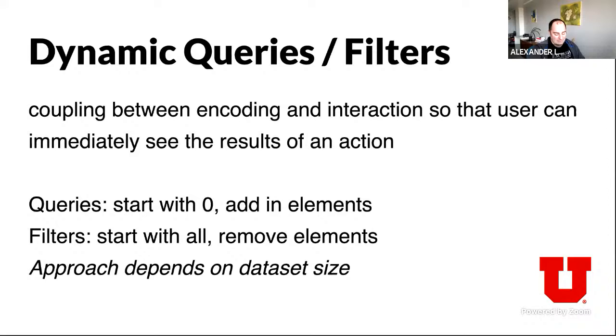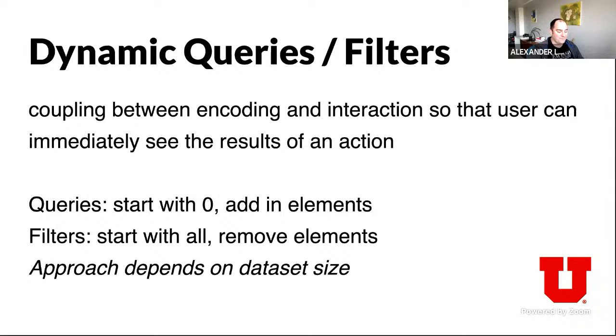I also want to talk a little bit about this duality between queries and filters, because I think they're very related, but also slightly different. First, this is about coupling between an encoding and interaction so that the user can immediately see the result of an action.